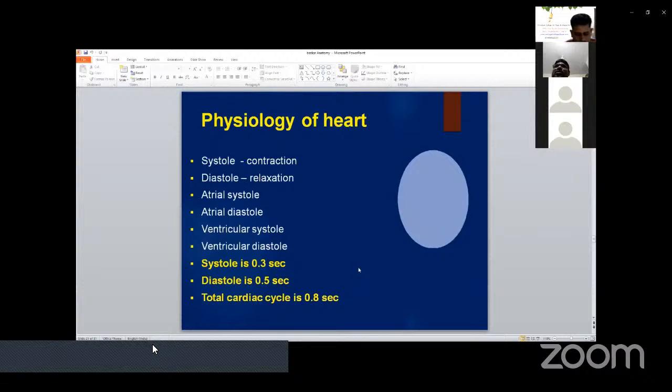During ventricular systole, both chambers contract to send blood, the right to the lungs, and the left ventricle supplies the blood to the body by systole action.